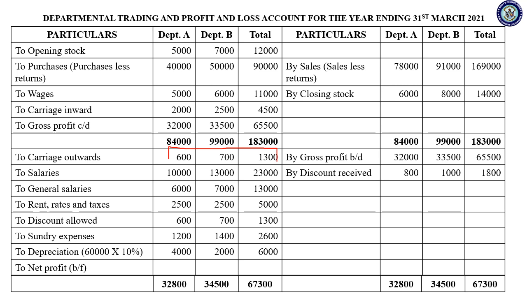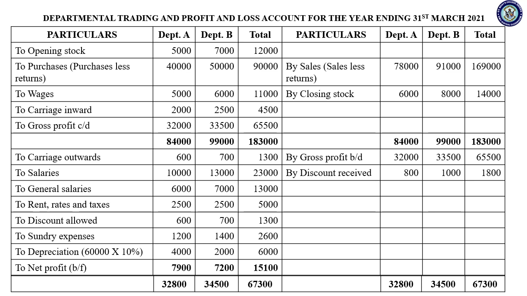So again, total column 67,300 minus 1,300, minus 23,000, minus 13,000, 5,000, 1,300, 2,600, 6,000. So your net profit will be 7,900, 7,200, 15,100. That is your net profit.